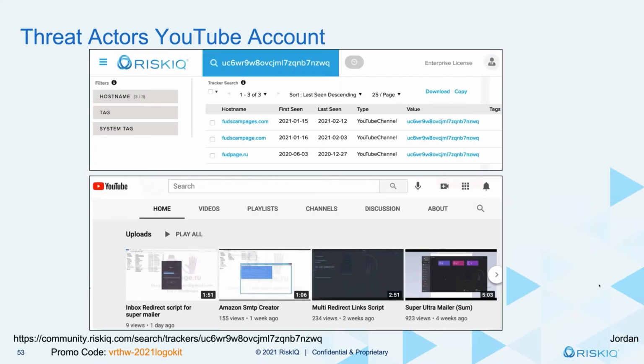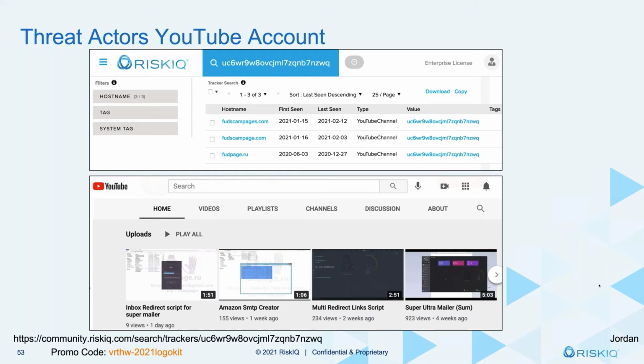And just for everybody to know, in the chat I've been throwing some of these URLs for PassiveTotal for these searches, so you can see them yourselves. That Telegram ID, FUD page, in PassiveTotal, we refer to these kinds of things as trackers.